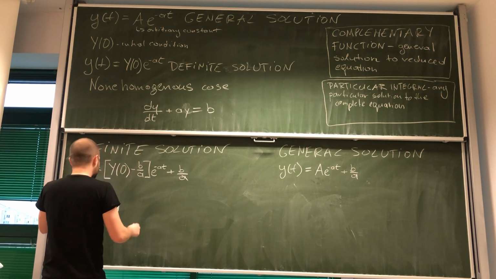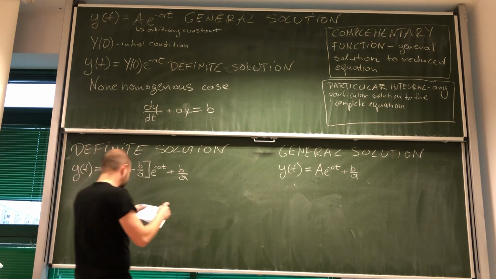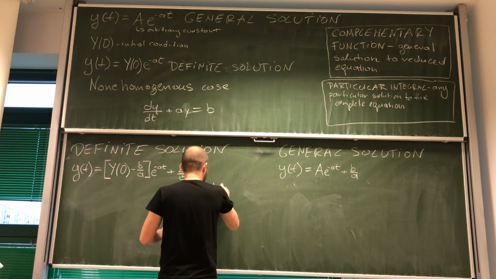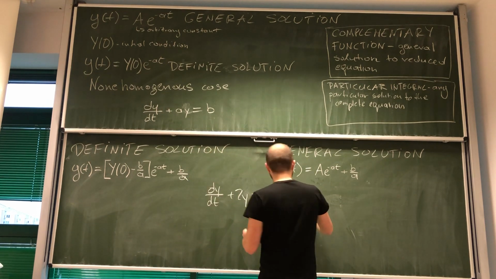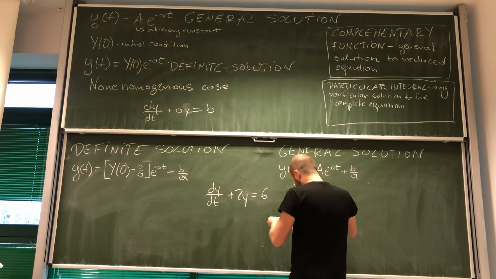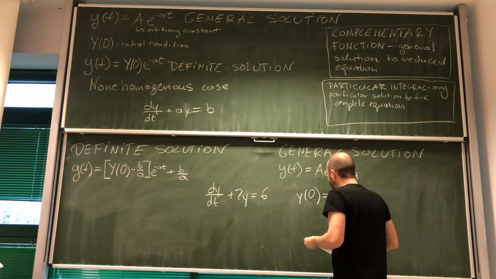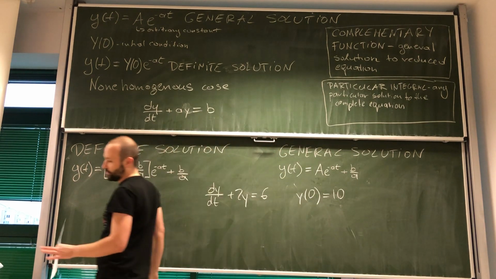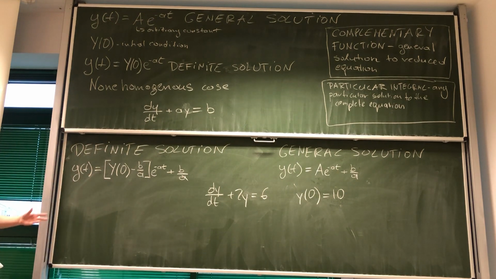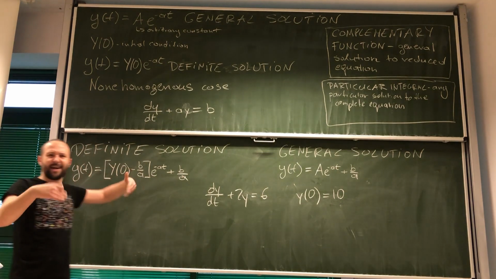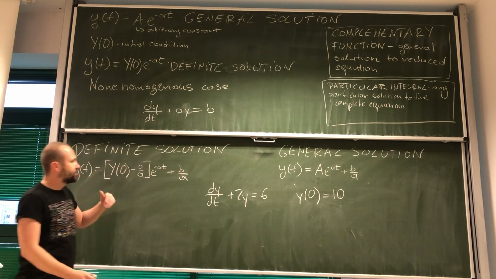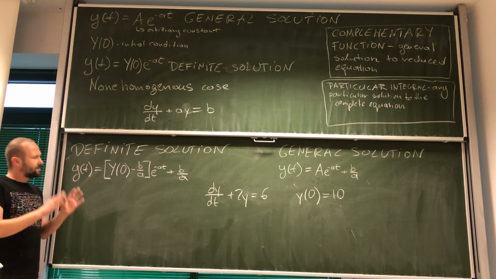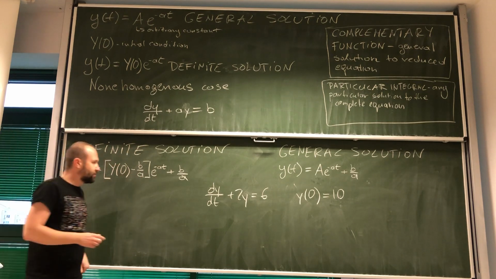Let's say that the equation we need to solve is dy over dt plus 2y equals 6, and our initial condition is that y at 0 is equal to 10. We are not going through the entire process that I've just shown you; we just use the solution. First, let's find the general solution.